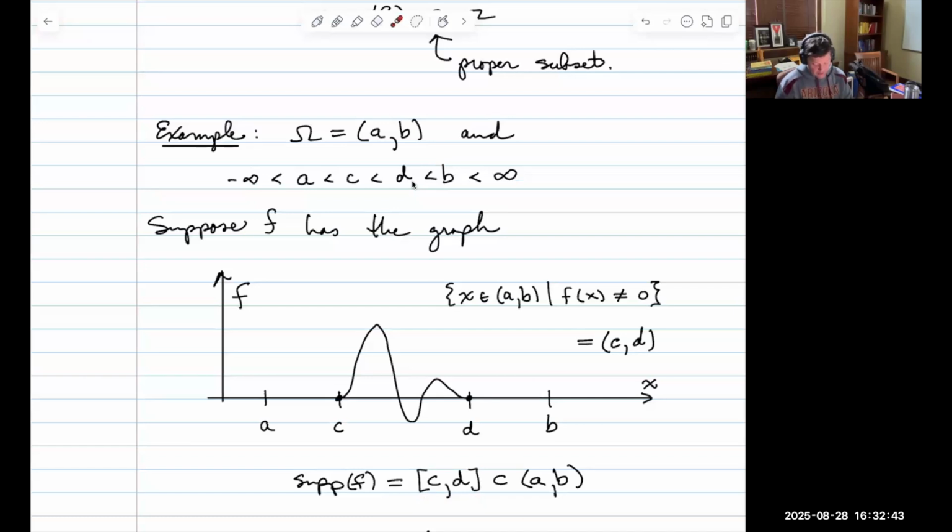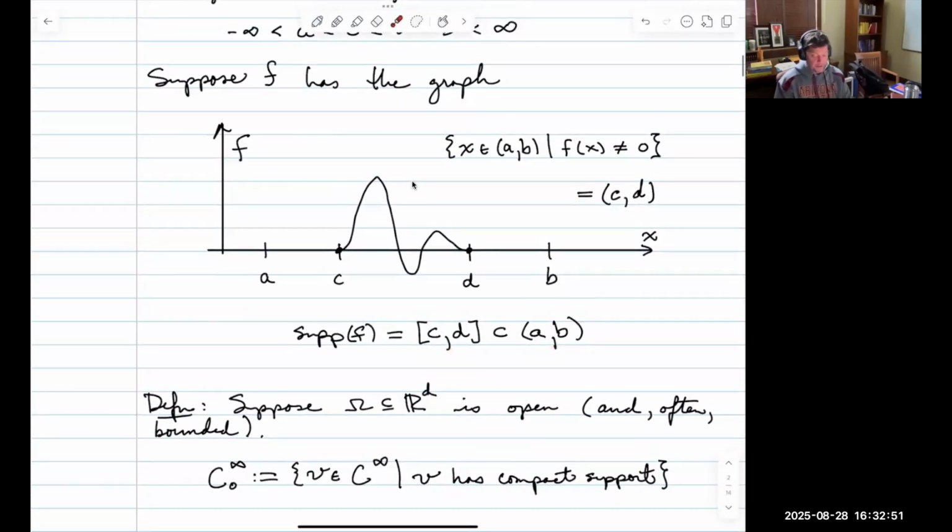It's already known that it's closed. We know that it's contained inside of (a, b), so we say that f has compact support in this case. Now, it turns out that this always amazed me, and it amazed me the first time I saw it. It amazed me that the next definition made sense.